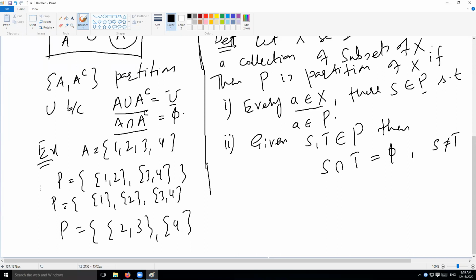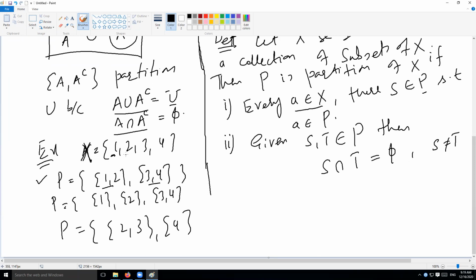So can you say why this is a partition? This is a partition because every element of X, let's give it the name X because we have used X here, is present in some set in the partition. Do you agree with me? Yes, sir.